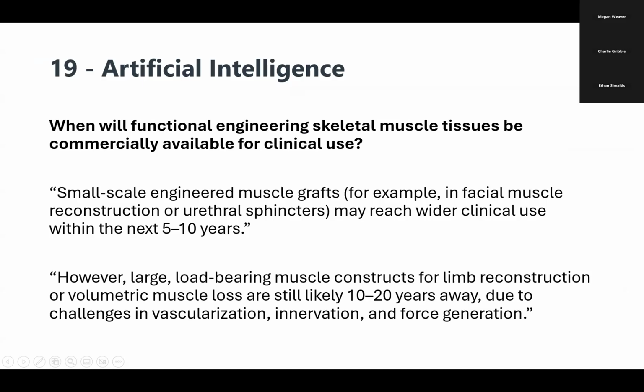And not mentioned here on the slide, but that I just want to discuss, was that they were saying that the pace of this translation depends heavily on regulatory approval and clinical trial data. And they also mentioned the lack of FDA-approved full-scale skeletal muscle implants in the field today that could limit some of this research.